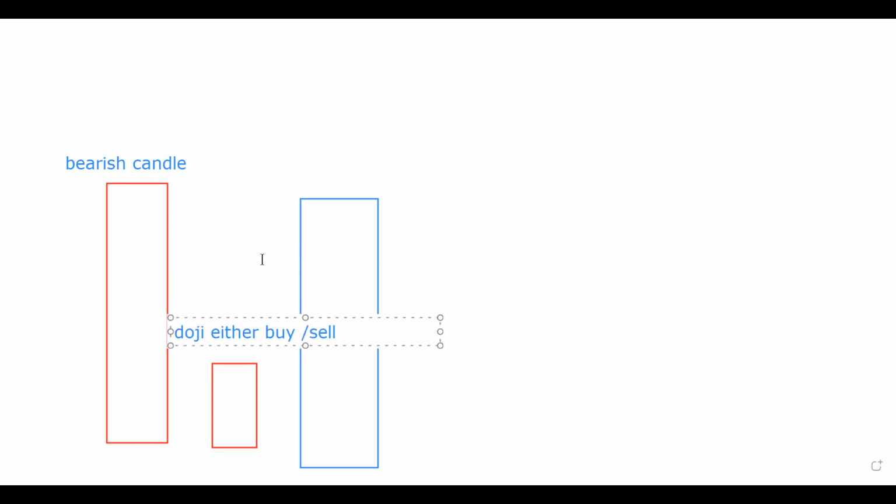And then the third candle is usually a bullish candle. Whenever these three candles form, that is called the morning star.